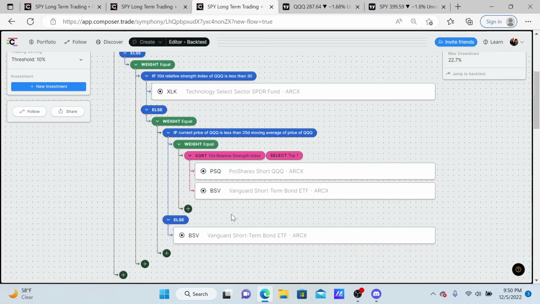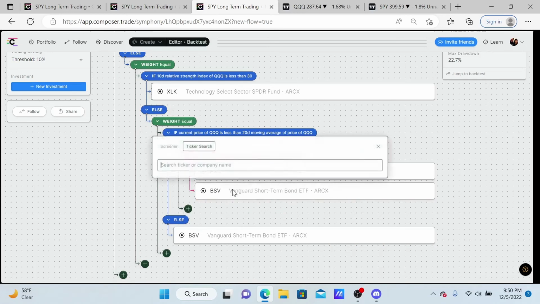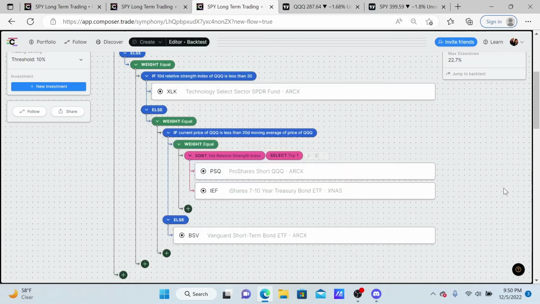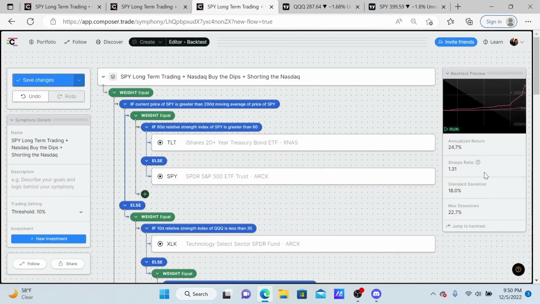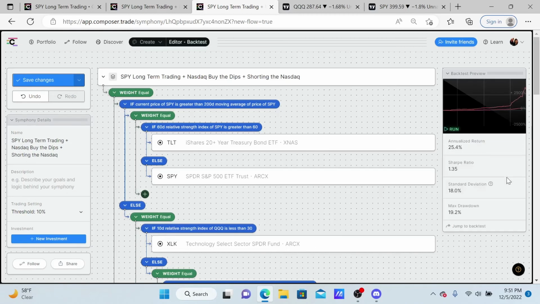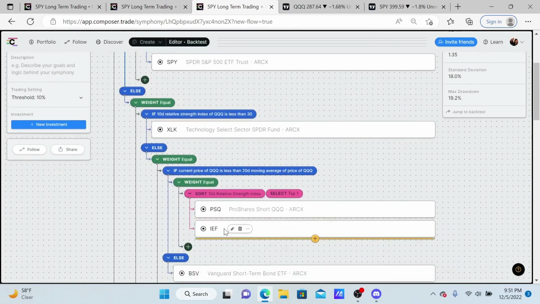Okay, and then one last thing I'll do is I will just substitute BSV with IEF and TLT just to see what it does to the performance of the strategy. But honestly, you could use all three. So IEF is a 7 to 10 year treasury bond.